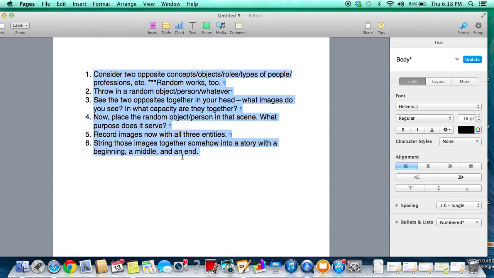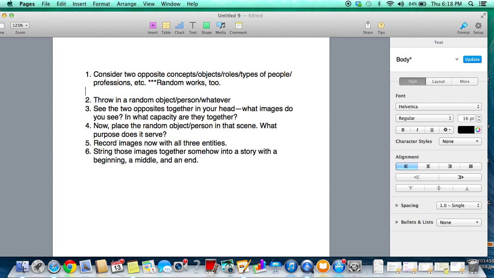All right, so first thing is to consider two opposite concepts, objects, roles, types of people, professions, etc. And random works too. If you want to just use random instead of opposite, that can work too. And remember, we're going to go through each of these and so you can see how this actually works for an actual story. Second is to throw in a random object, person, whatever.